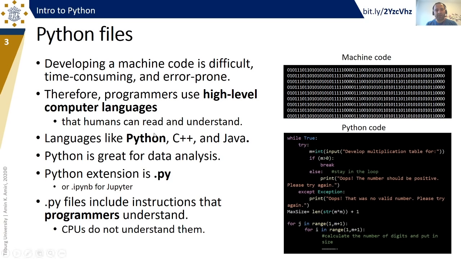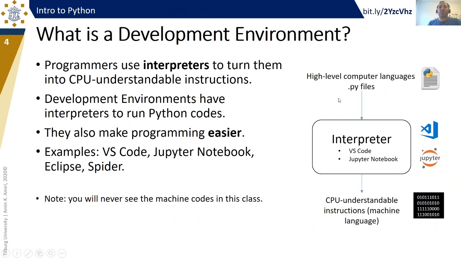Python has an extension that is .py, but Jupyter Notebook uses a different Python extension, which is .ipynb. .py files include instructions that programmers can understand, as you can see here, but CPUs only understand machine code. So we need interpreters that can turn these high-level computer languages to CPU understandable instructions.